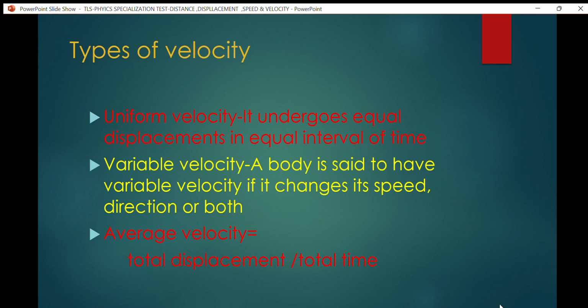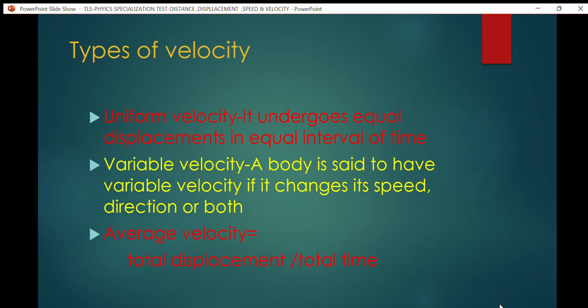The second one is variable velocity. A body is said to have variable velocity if it changes its speed or direction or both. So variable velocity can happen in many ways. First of all, it can change its speed. For example, in the first 1 second its speed is 10 meter per second, next second it changes to 20 meter per second, 30 meter per second, like that.